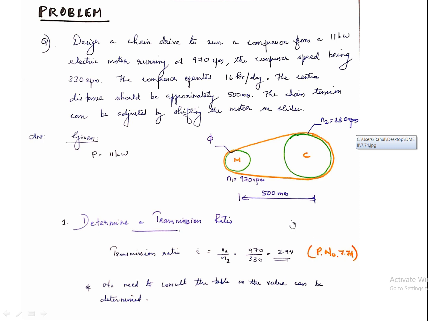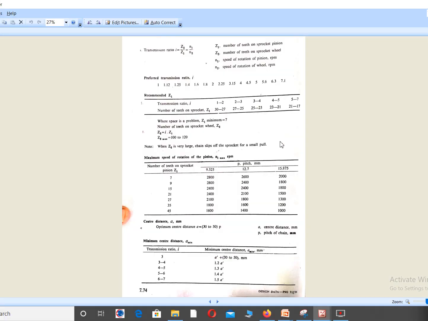Now, this equation you can find on page number 7.74. Let us see how the data book page looks. If you go to page number 7.74, you can see a page something like this. For the transmission ratio, the equation is given: Z2 by Z1 is equal to N1 by N2. Now if your transmission ratio is not given, you can select any preferred transmission ratio from here. These are the preferred transmission ratios.